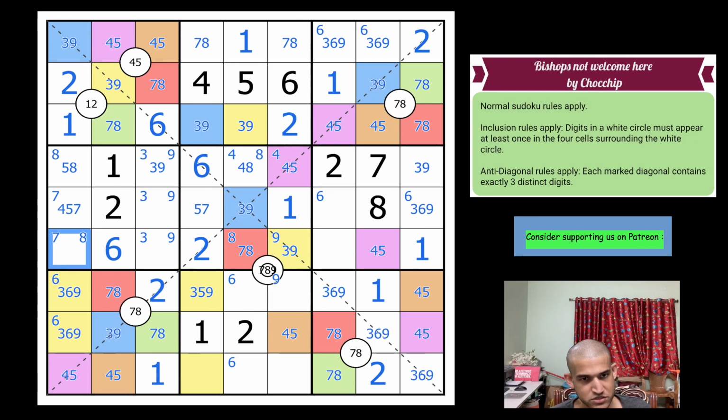So if this happens to be a 3, what happens? Both of these would be 9s. So 9 gets here. And if this happens to be a 9, both of these happen to be 3. And I don't think it's going anywhere really.